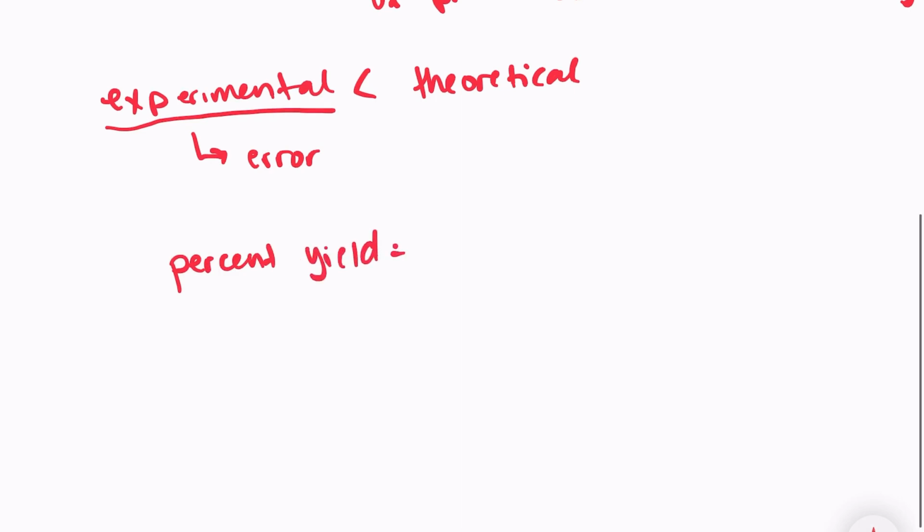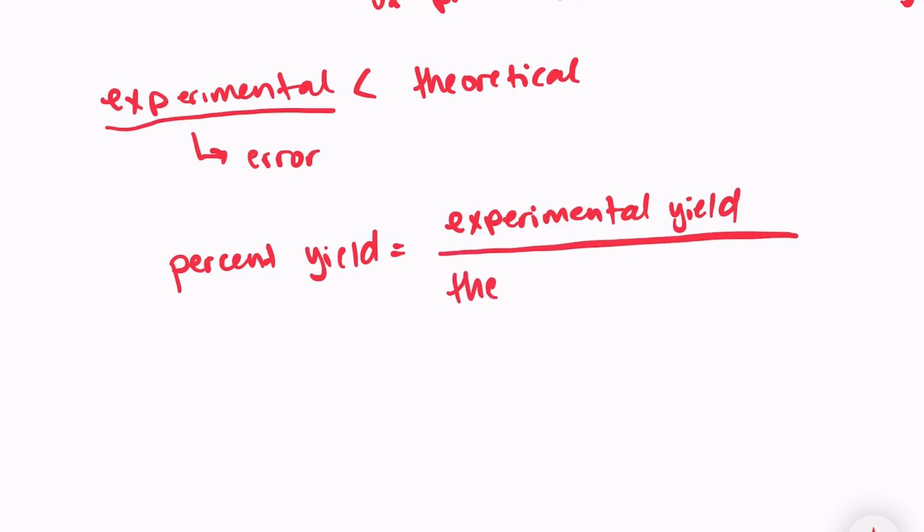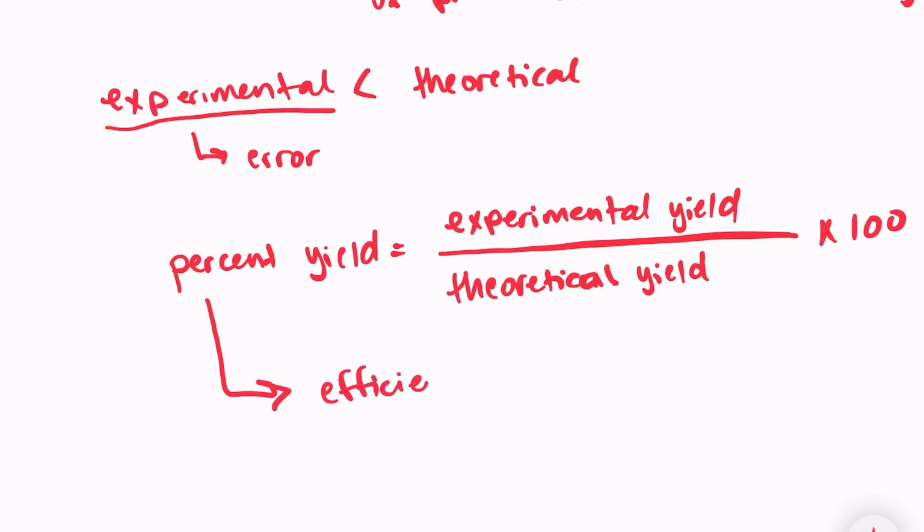And all that we have to do is take our experimental yield over our theoretical yield, and multiply by 100. And again, the reason that percent yield is important is it tells us how efficient our reaction is.